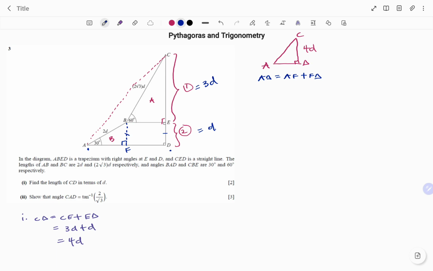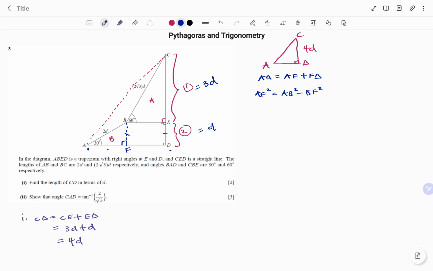To find AF using the B triangle, using the Pythagoras theorem, AF squared equals AB squared minus BF squared. AF is my adjacent, BF is my opposite, and AB is my hypotenuse.